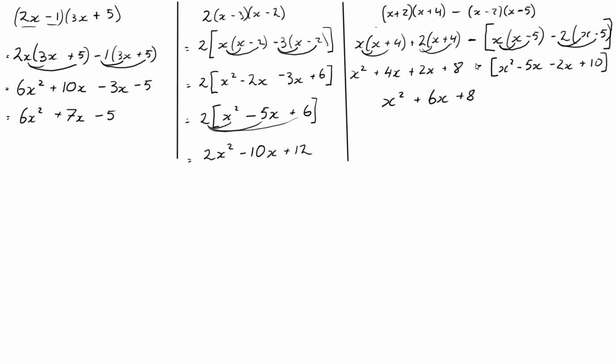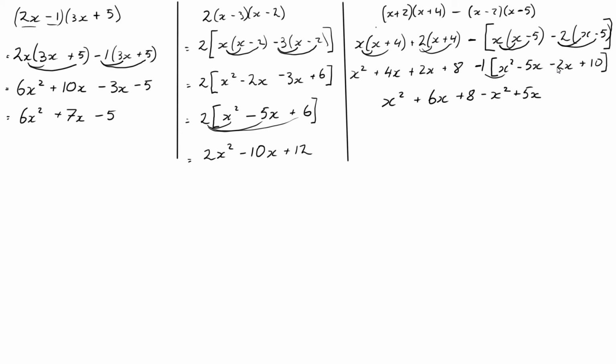Basically, what this subtraction does is it's going to subtract each of these terms from this expression. Another way I can think about it is that, let's say it's minus 1. So minus 1 is going to get multiplied by each of these terms inside the brackets. So minus 1 and x squared give us minus x squared. Minus 1 and minus 5x becomes positive 5x.